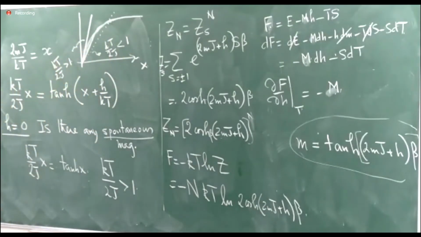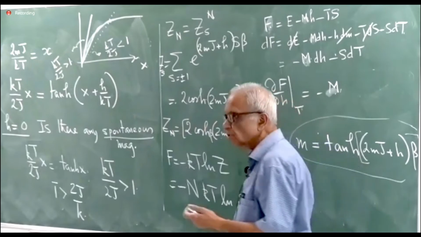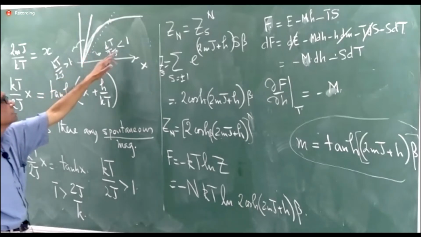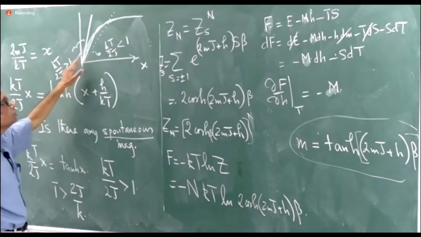And now you see, if T is greater than 2J over k, the only solution that your system has is M equal to 0. So at these high temperatures, there is no spontaneous magnetization in the system. But for T less than 2J over k, that is kT over 2J less than 1, you now have two possibilities.